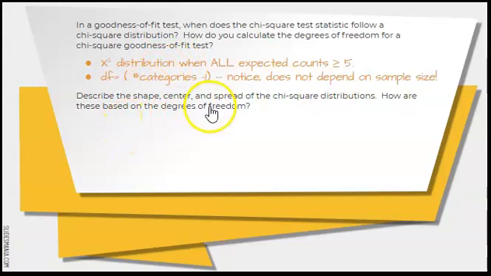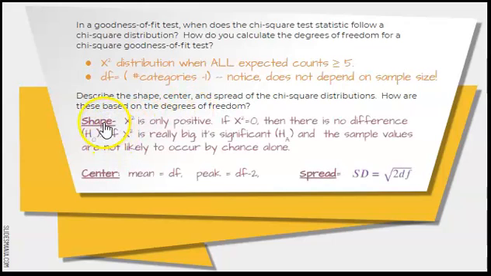Now describe the shape, the center, and the spread of a chi-squared, and how are these based on degrees of freedom? Well, for the shape, chi-squared is only positive. So if you think about a graph, it's only in quadrant 1. If chi-squared is 0, then that means that there's no difference between the null hypothesis and reality. If it's big, that means there's a big difference and the sample values are not likely to occur by chance alone.